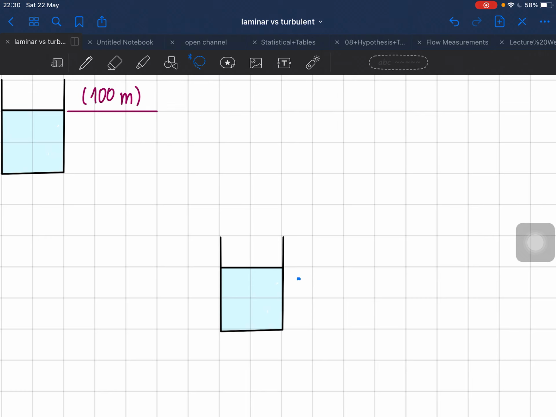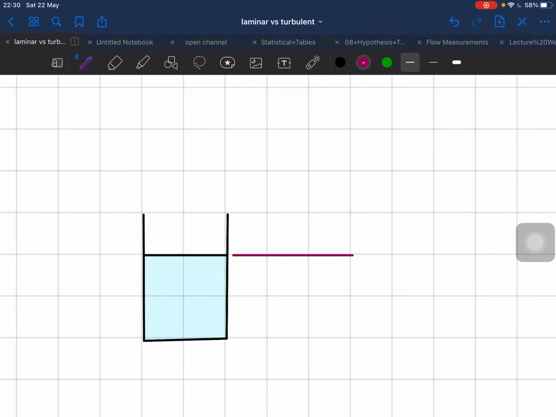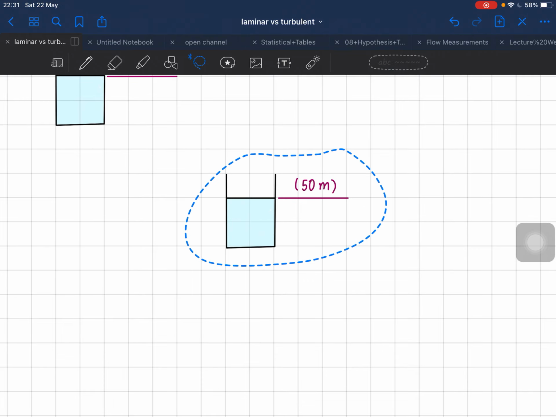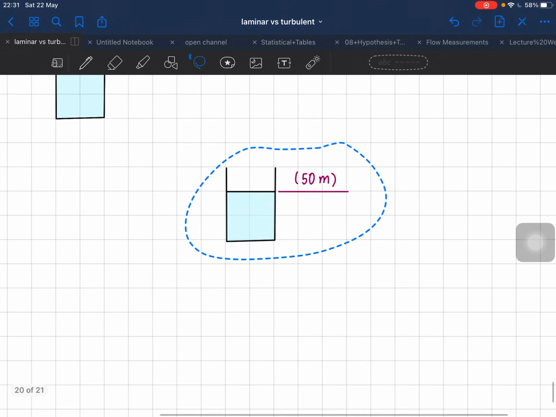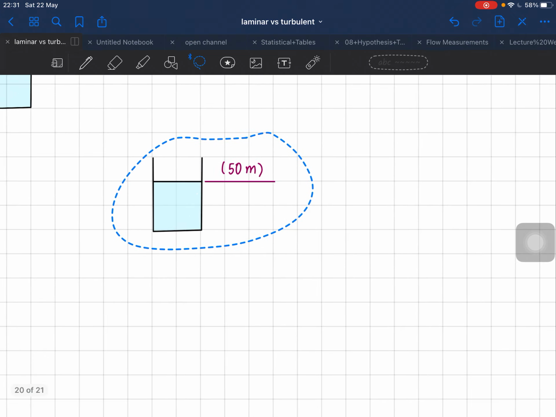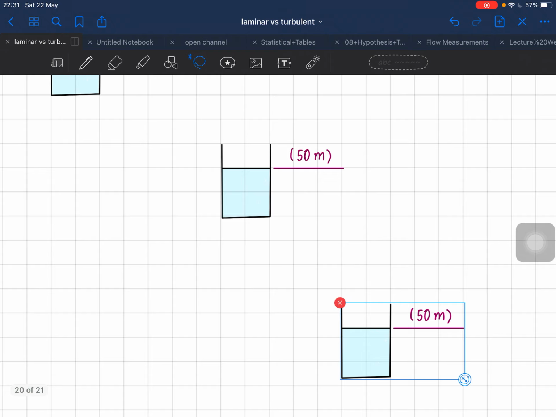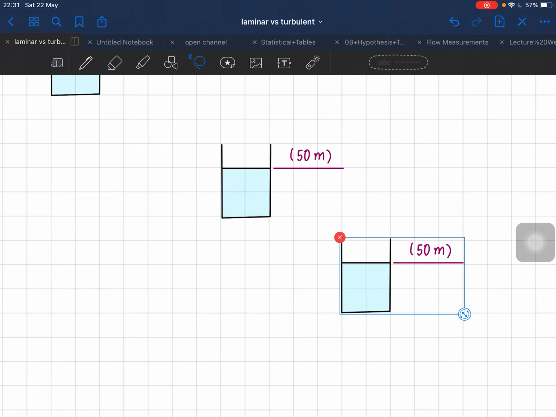I'm becoming lazy and just copying and pasting. This is 50 meters. So then, why don't I just copy everything here? So this is 40, 30, 20, and 10 is here.